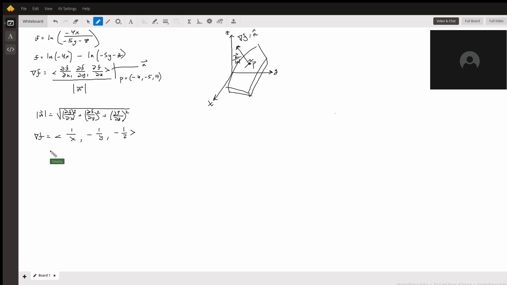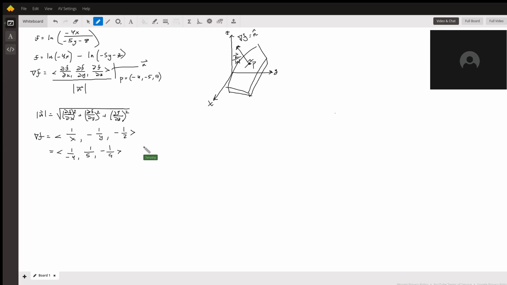All right, and then we can go ahead and plug our values in. So this is 1 over negative 4, and then 1 over 5, and then negative 1 over 9. And then to normalize that, you just divide by the magnitude of these. So square each and then divide.